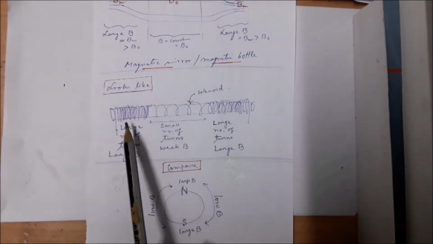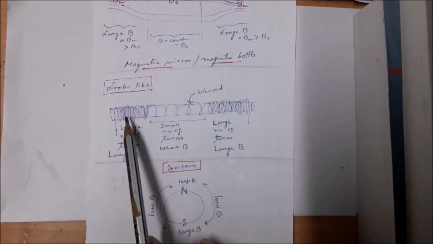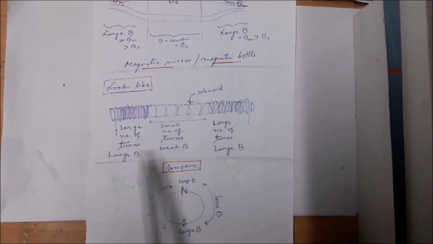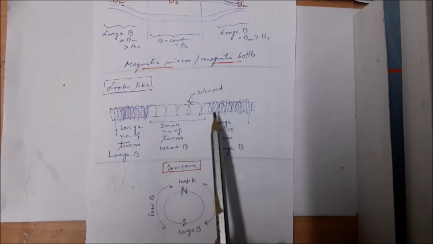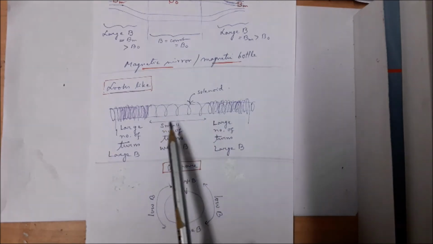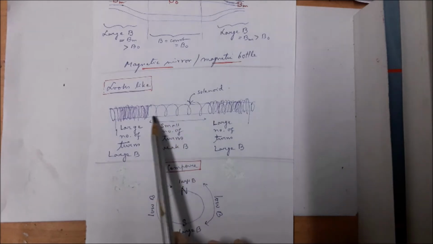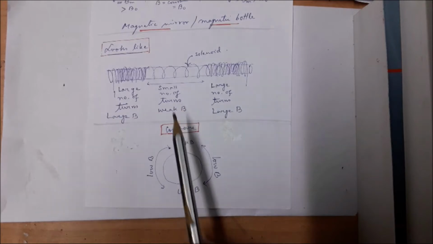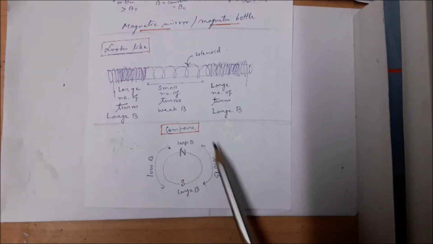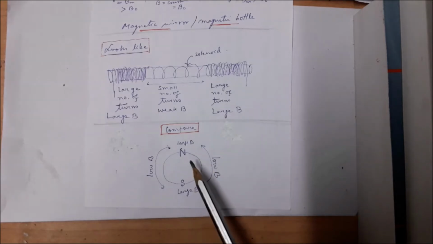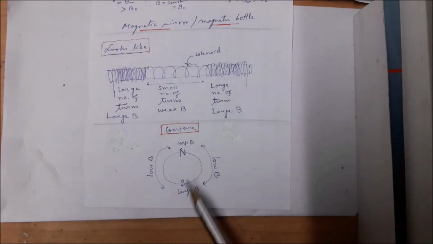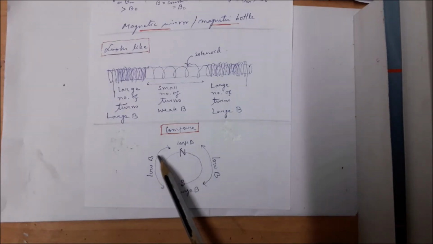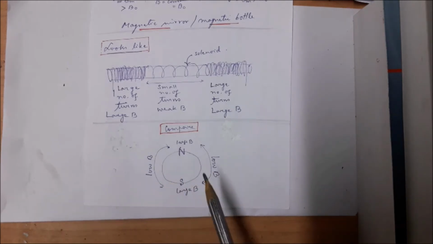Now the winding, or the number of turns per unit length, is dense at the ends, and so this gives a strong B at the ends. But in the intermediate region, the number of windings per unit length is small, and this gives a weak B. We can compare such an arrangement with the Earth or the geomagnet. The magnetism is most prominent at the poles, the North Pole and the South Pole, and these are large B regions, while regions other than the poles are low B regions.